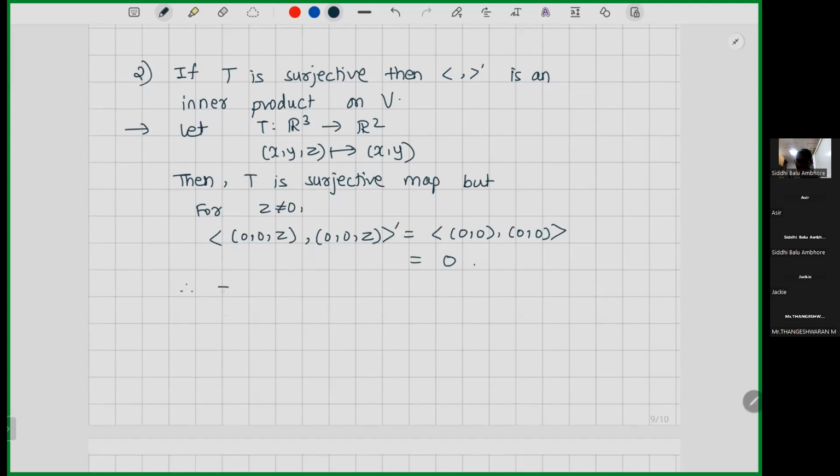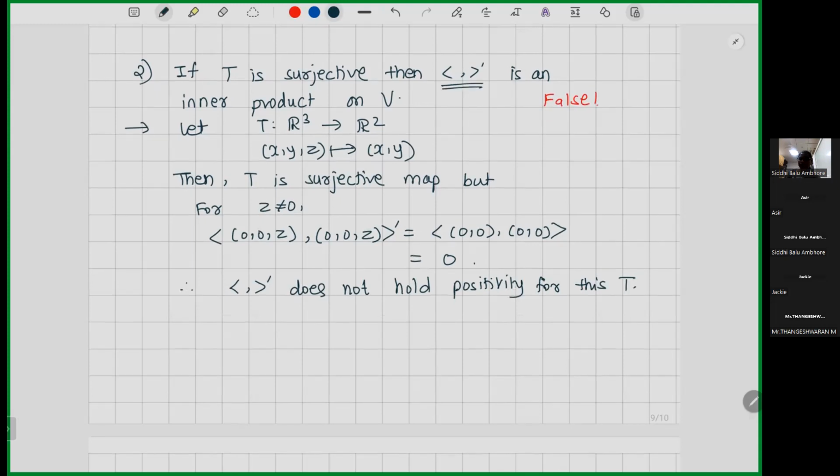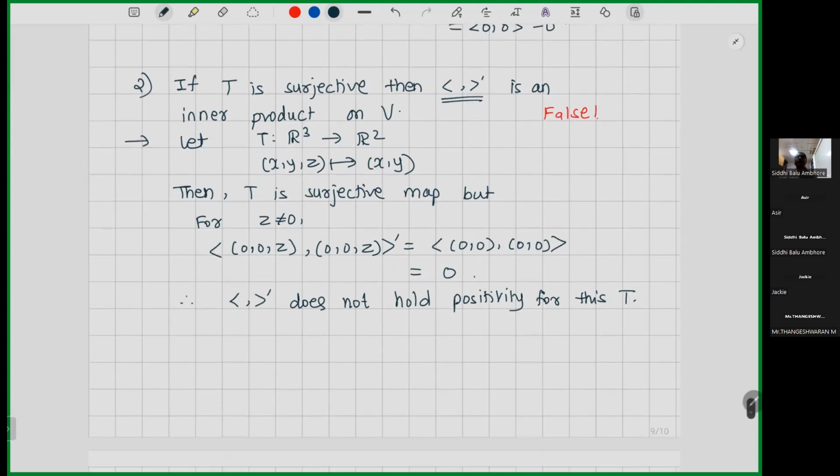Therefore this T does not hold positivity. So that's why this statement is not true: T being surjective does not guarantee that this map x comma y dash forms an inner product on V.